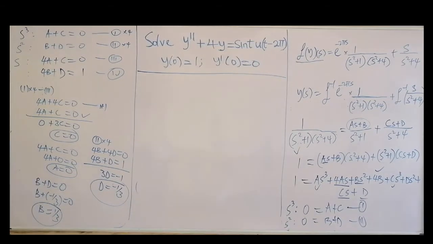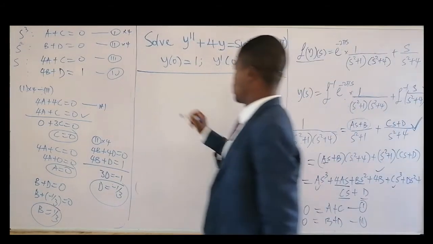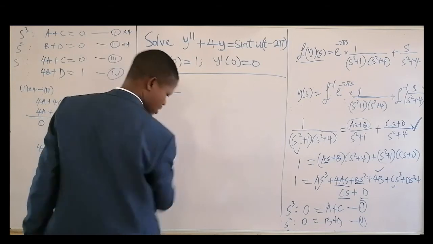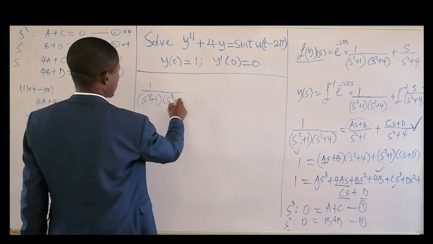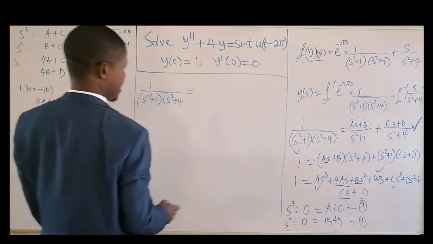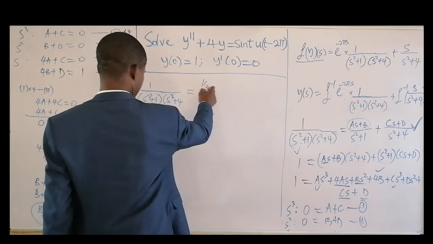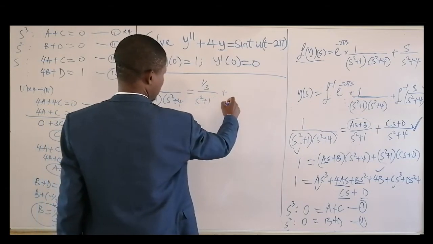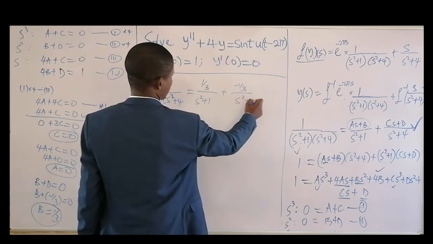Therefore, we can go back and substitute what we got. 1 over (s² + 1)(s² + 4) equals, my a is 0, so I only have b: 1/3 times 1/(s² + 1), then c is also 0, so d is minus 1/3 over (s² + 4).